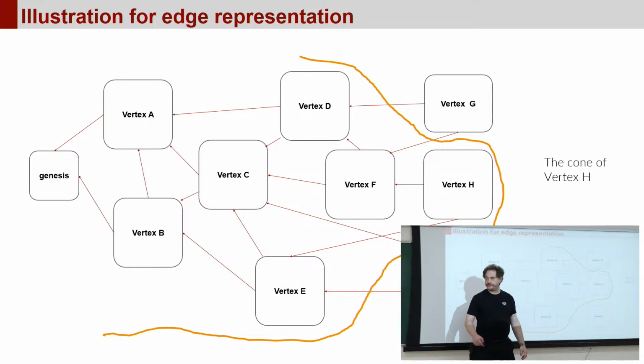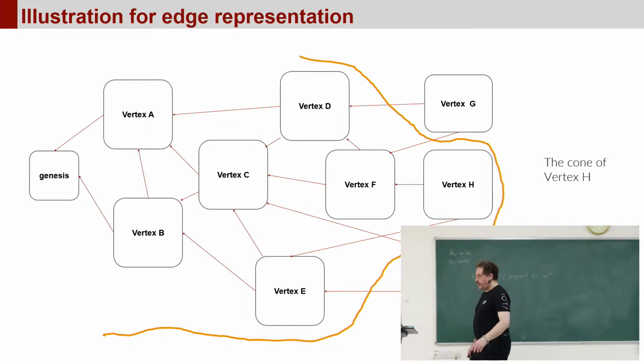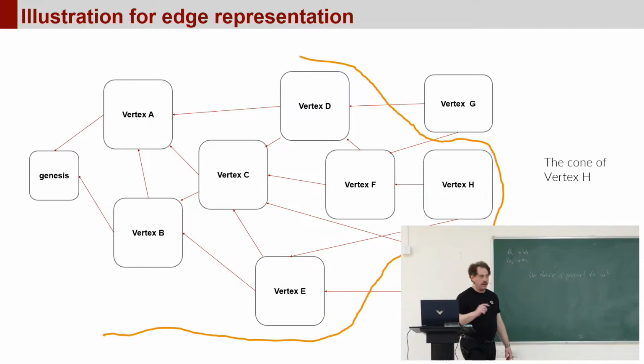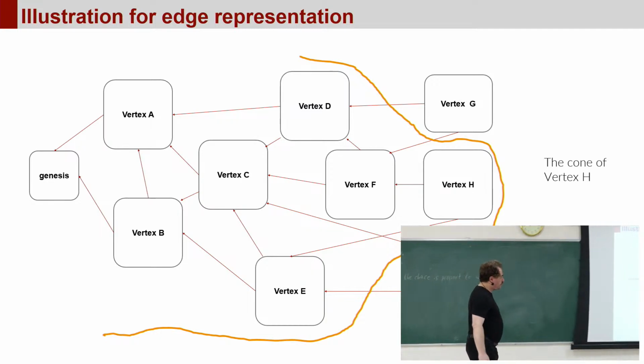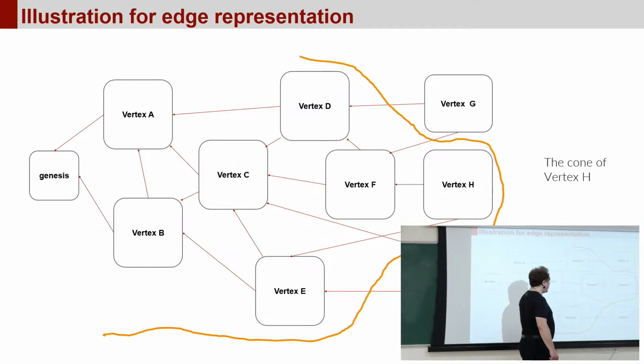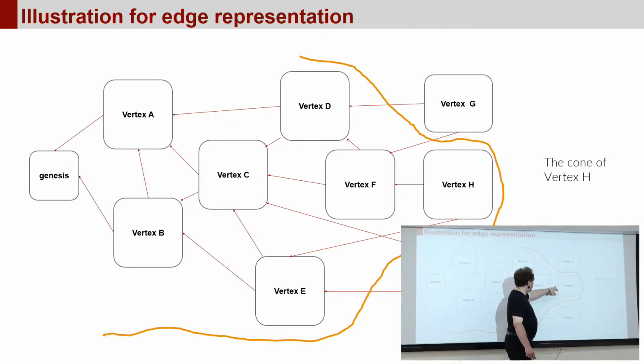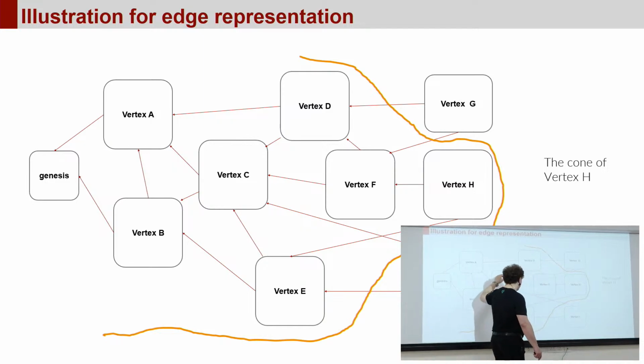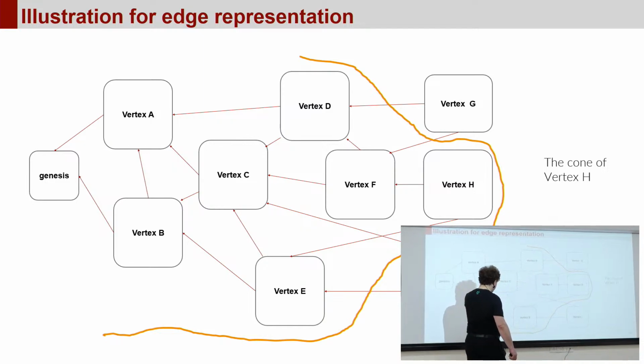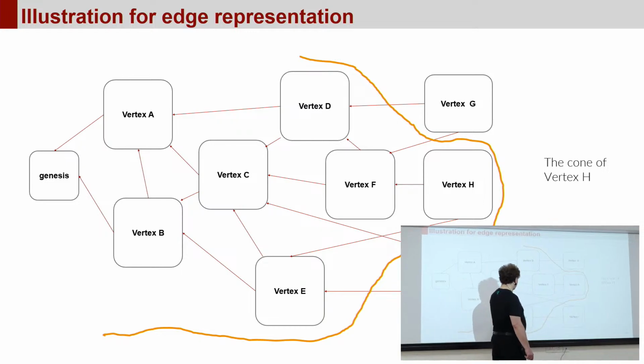And in this example, the edge may signify that, for example, vertex F would be competing with... okay, that would probably not work. Would be a good example.